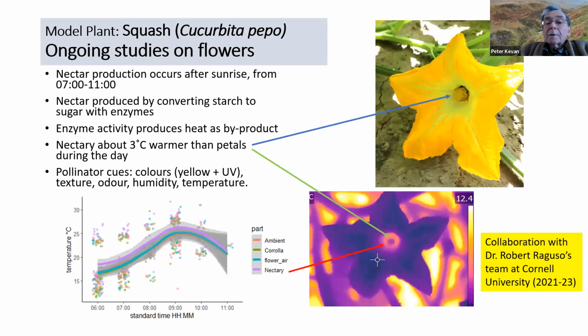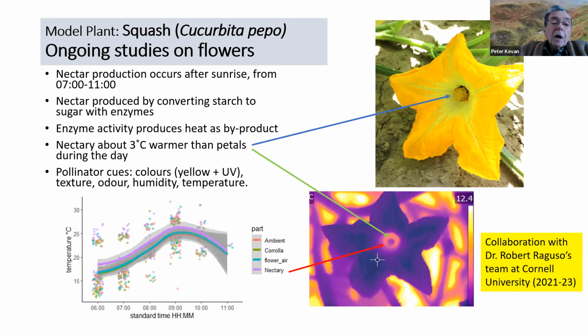we looked at the nectaries, the ongoing studies in the flowers. And this is because of collaboration, which we started a couple of years ago with Dr. Robert Raguso at Cornell University, and looking particularly at the flowers in terms of their attractiveness to pollinators, because they have to be cross-pollinated, because the flowers are of 2 different sexes. So the pollen has to move from the male flowers onto the female flowers in order for a pumpkin fruit or a squash fruit to develop.